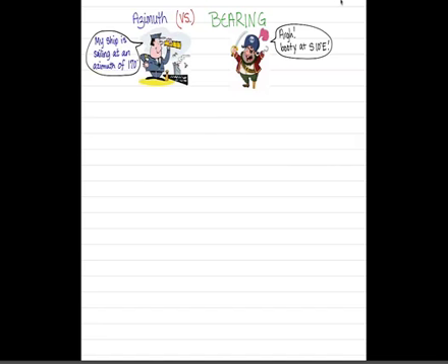Let's say you've been given an azimuth of 110 degrees, and you've been asked to find the bearing.